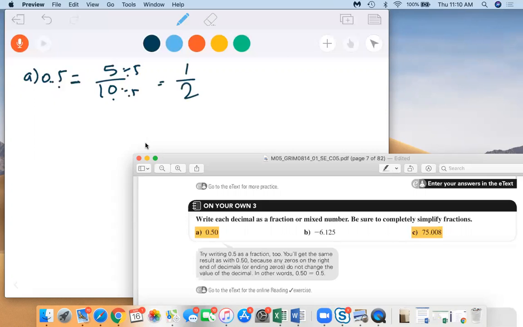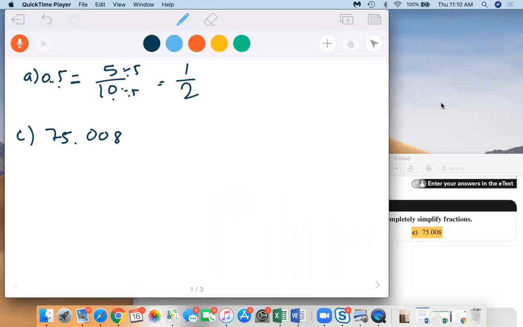And then the last one we're going to do is that one that's got several places, 75.008. So remember, we first write our whole number part, so we have 75, and then here we have 8. And then what number do I put on the bottom there? Check the decimal places again. There's 1, 2, 3 decimal places. Very good.